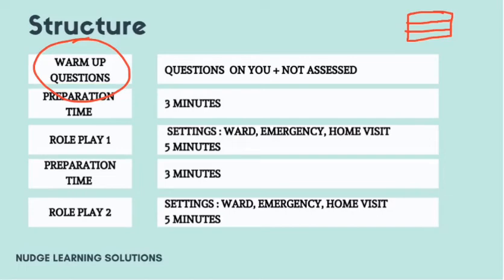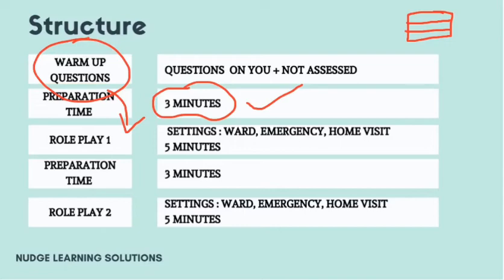So you will be provided with a cue card, and after getting the cue card, you will be given 3 minutes to prepare: what kind of question should I ask, what kind of answer should I provide, how should I go about it. After 3 minutes, the role play will begin. The interlocutor will act like a patient, and you will respond, show empathy, try to understand the patient, reassure the patient, and try to solve the situation.